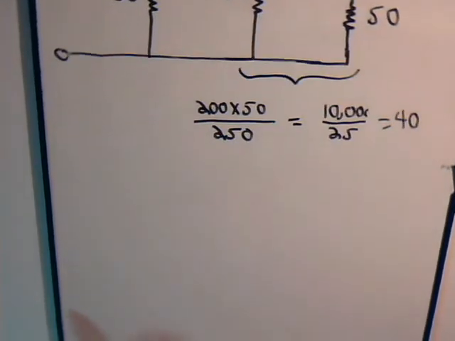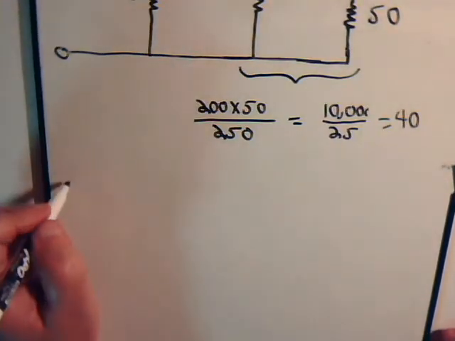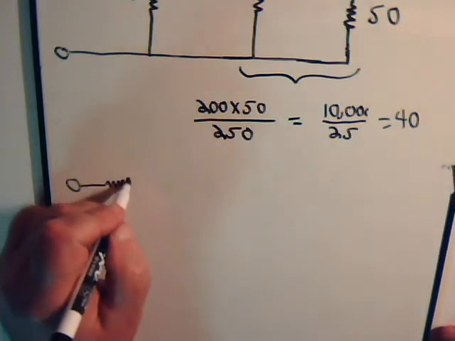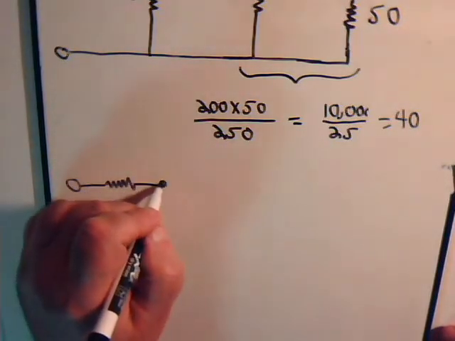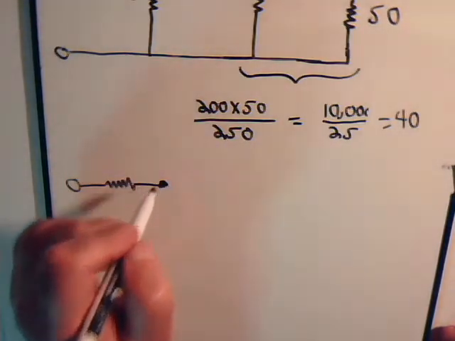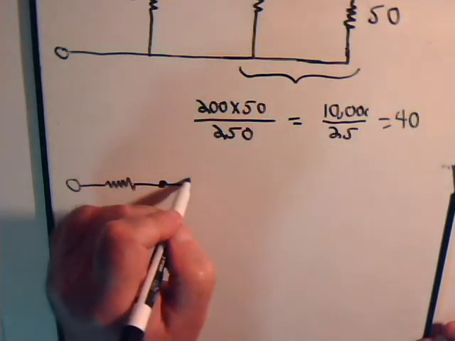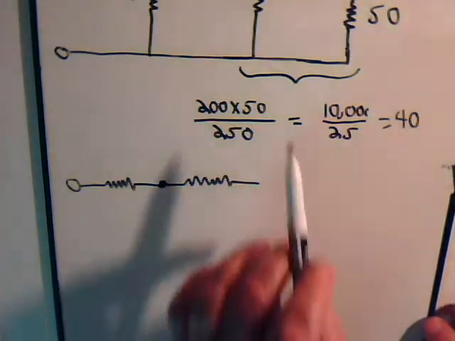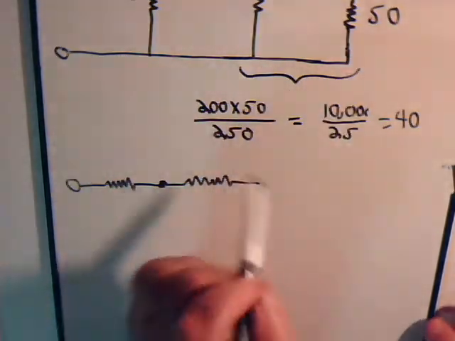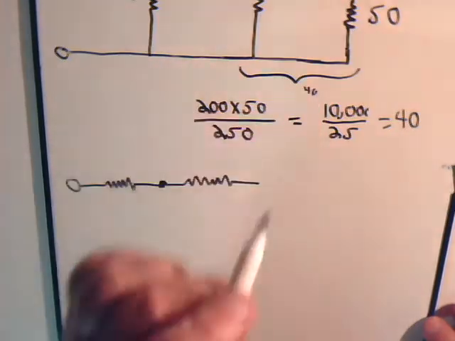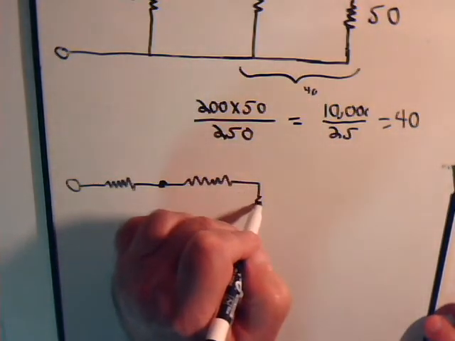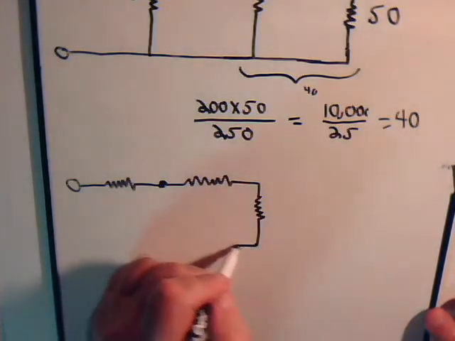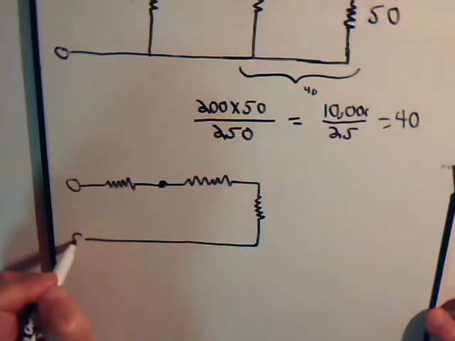So let's redraw the circuit. Here we have the 5 ohm resistor. And then the 20 ohm resistor. And then the equivalent one between these two is 40. So there's the 40 ohm resistor.